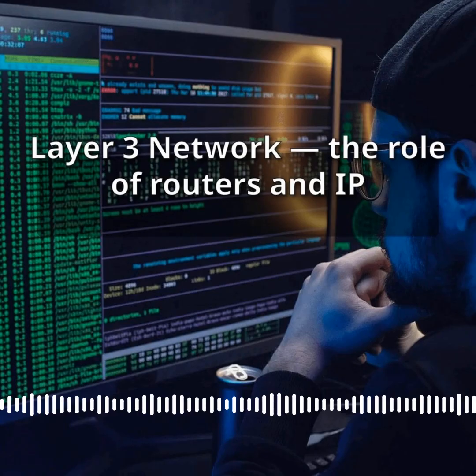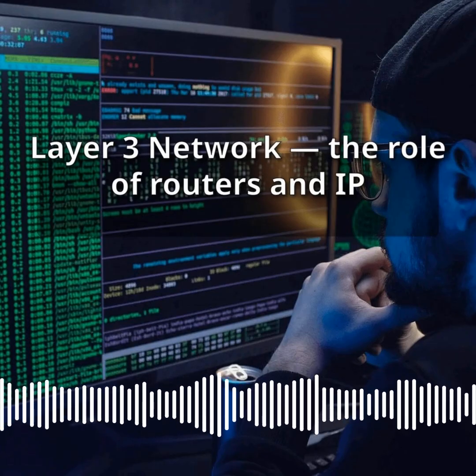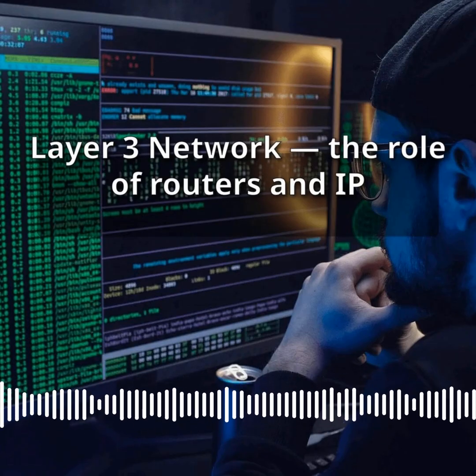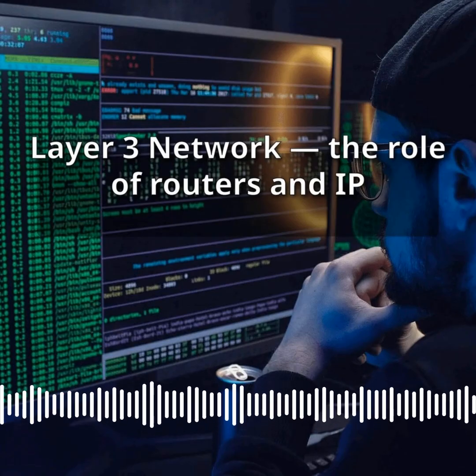Public and private IP addresses. Not all IP addresses are used on the public internet. Certain ranges are reserved for private use, meaning they can only be used within internal networks and are not routable on the internet.